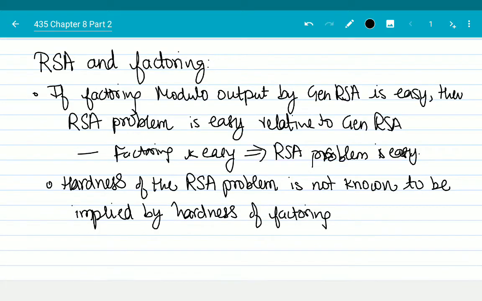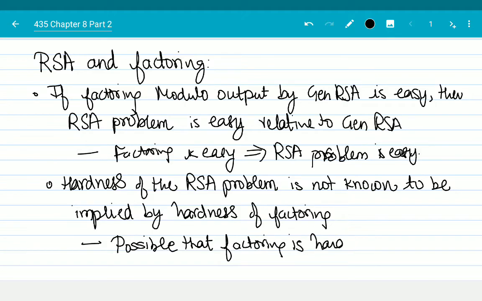What that means is the other way implication is not true. Which is to say, it is possible that factoring is hard, but RSA is easy.